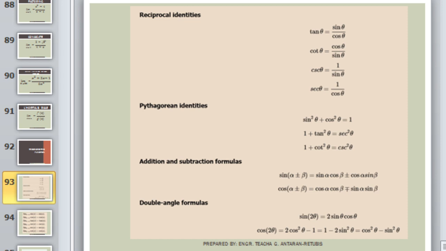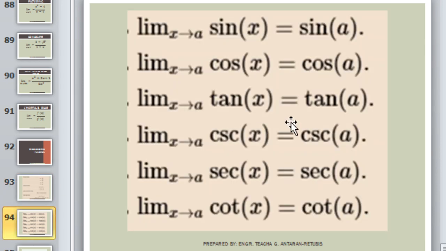So how are we going to get the limit of a trigonometric function? The same as we have done with other functions. To get the limit of a trigonometric function, we will simply substitute your x. Whatever the value of your x is, just substitute it into the function.